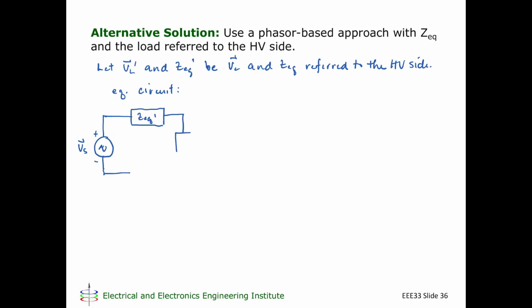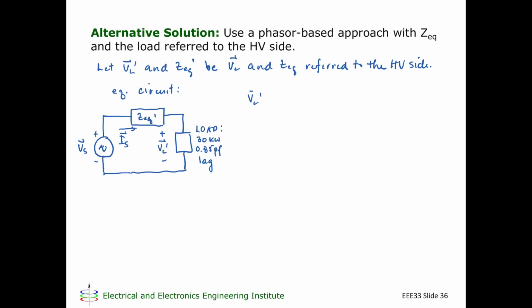And then I'm going to have my load, which is still 30 kilowatts and is still 0.85 power factor lag. But this time, the voltage across my load is going to be V_L prime. And the current that will flow through the circuit will be my source current, I sub S.